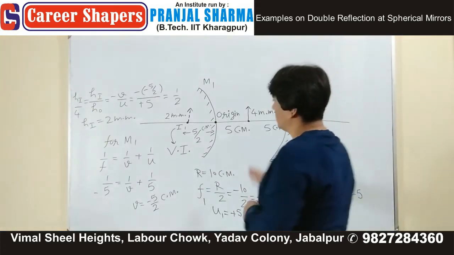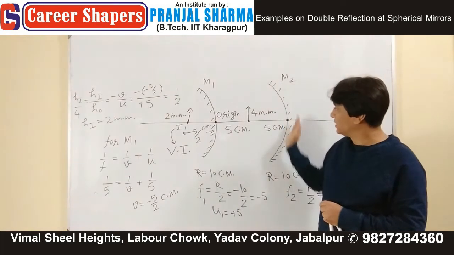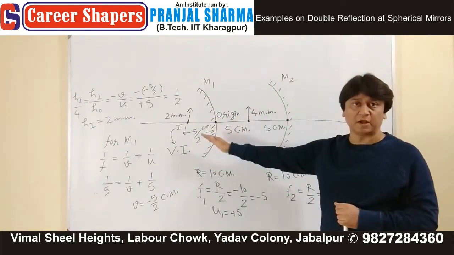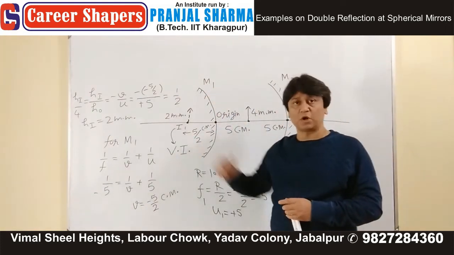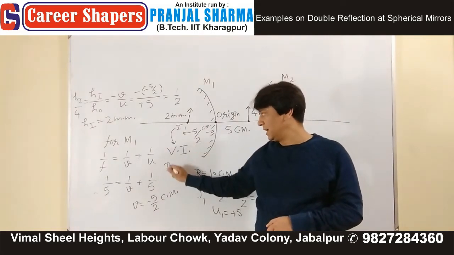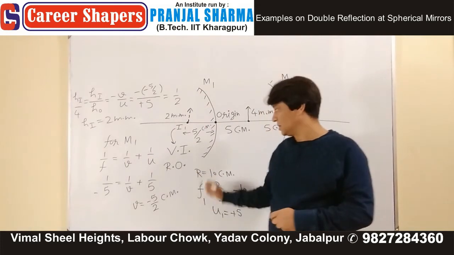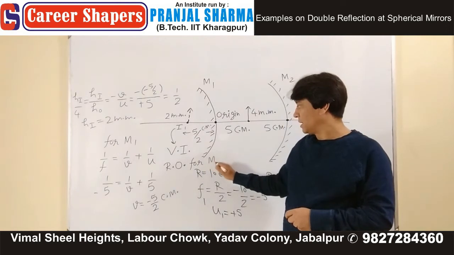Good. The same virtual object is in front of M2. Anything in front of the mirror is real. Anything behind the mirror is virtual. So the same virtual image acts as real object for M2.